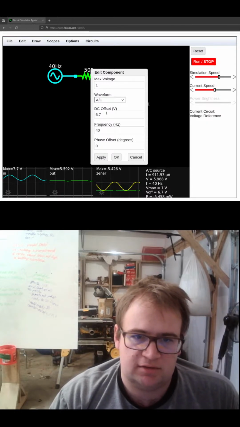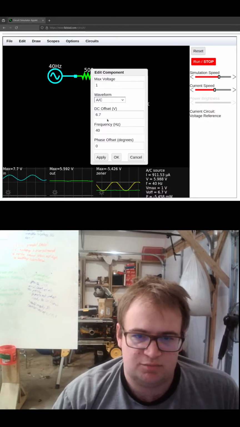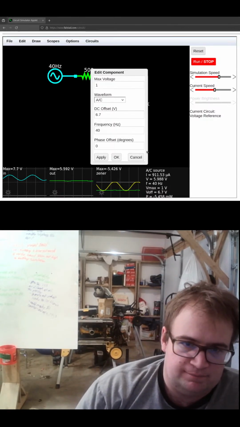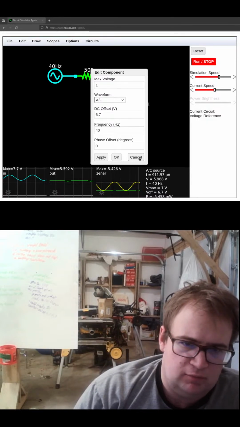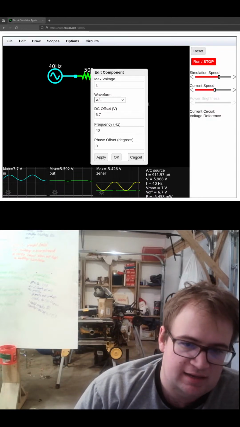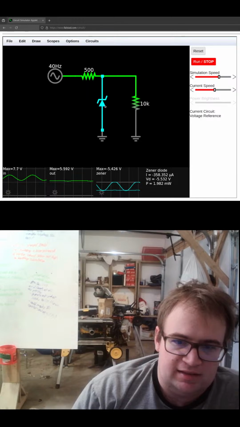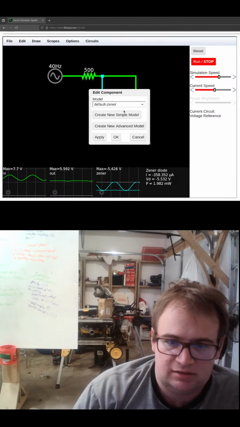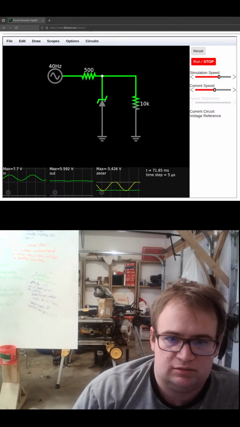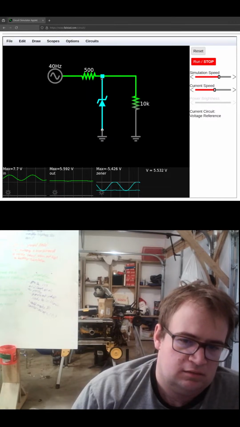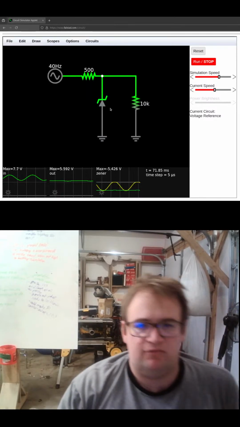Okay, max voltage, DC offset, 6.7 volts. Okay, so it's going from, I guess, 5.7 volts to 7.7 volts is how I would understand that. And then this Zener diode here, default Zener, cancel. So it must be set at 5.5 volts.